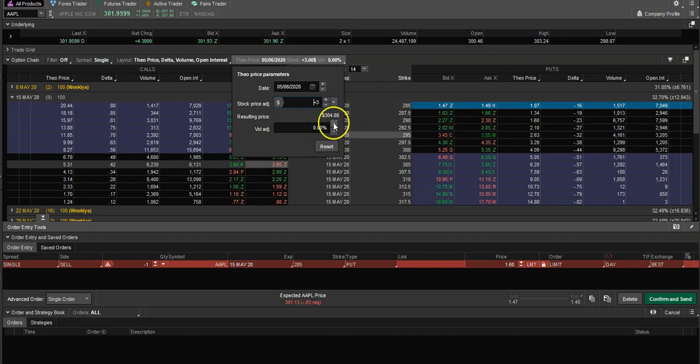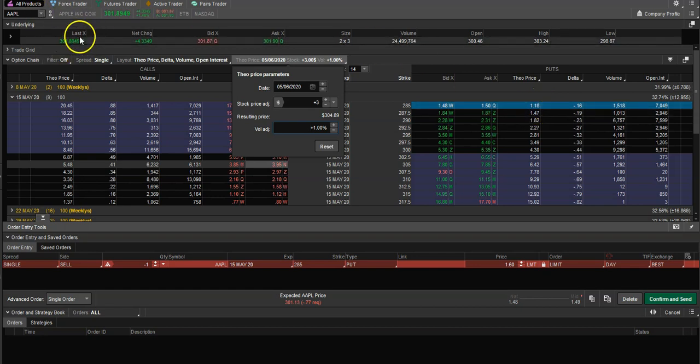Now, volatility, watch this. Let's just say for whatever reason volatility started to go up. That number went from 32 to 35 or something, right? But let's just move this up 1% even, okay? Look at what implied volatility does to the option price.